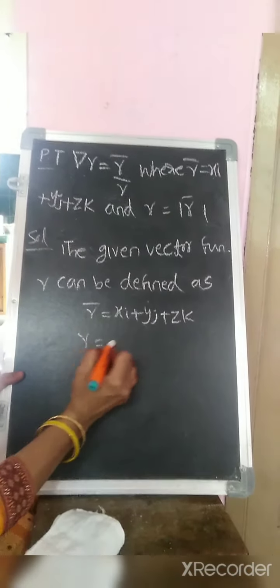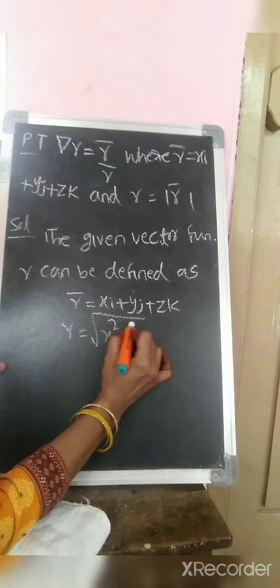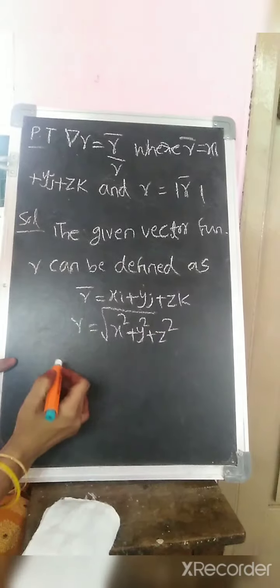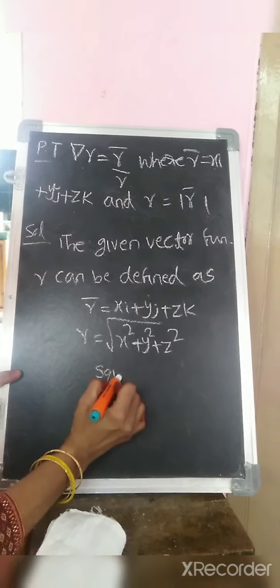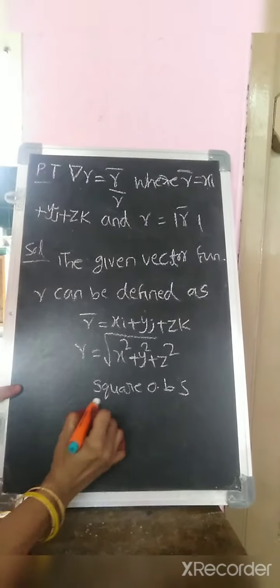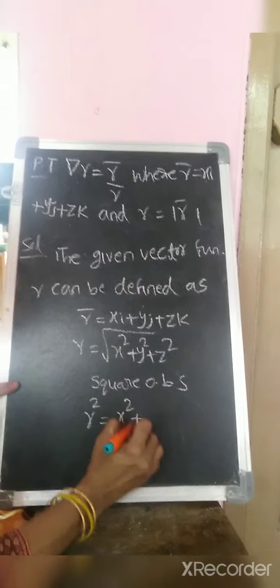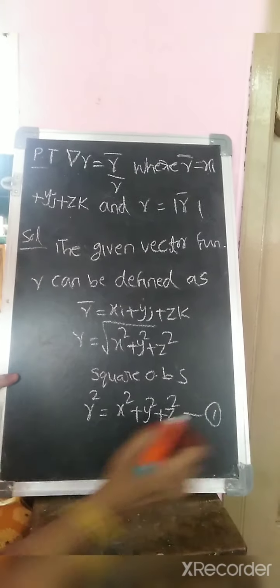So here r is equal to under root x square plus y square plus z square. Squaring on both sides, r square is equal to x square plus y square plus z square. So this is equation 1.